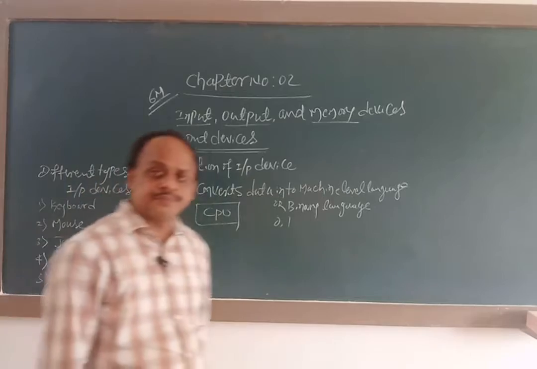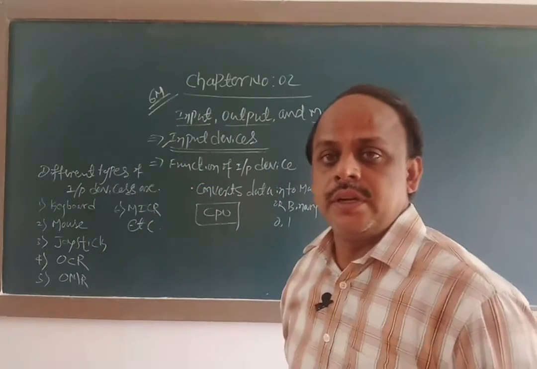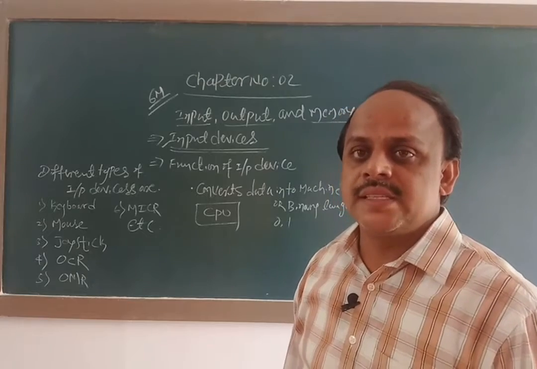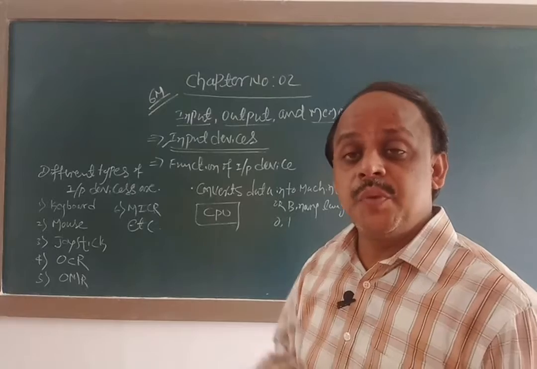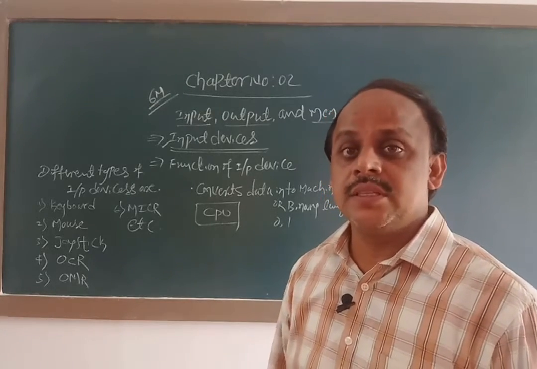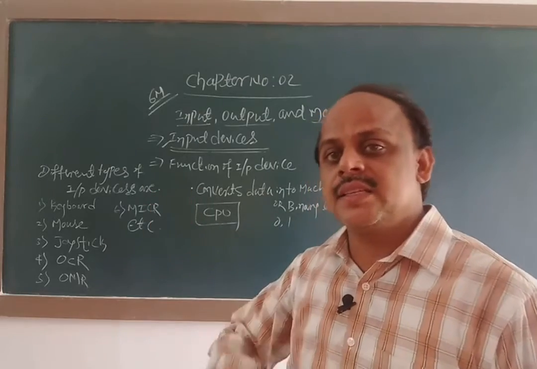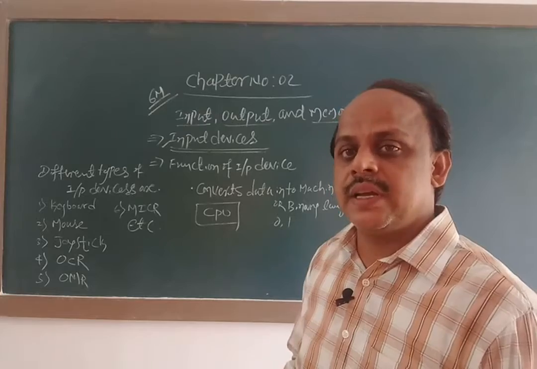So we can say this list gives different types of input devices which are connected to the CPU, and input devices are called external devices. They are not inside the CPU, they are connected to the CPU. That's why they are called external devices.